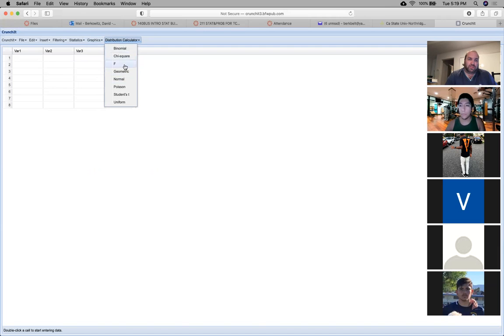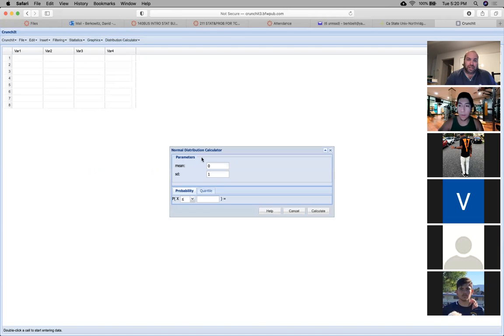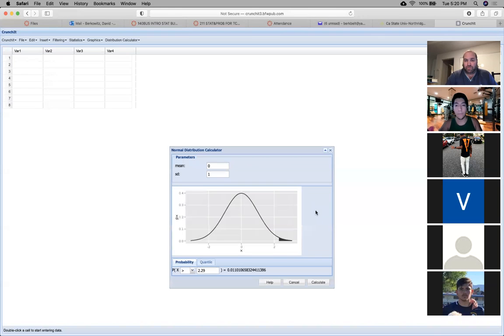So I go to distribution calculator, I go to normal, and the mean is 0, deviation is 1, and I want to be greater than 2.29. Calculate, so it should give me 0.0122 or 0.011, which is fairly close. So my Z statistic was 2 point something, and I had a 0.011 chance of being past it. And the mean is 0 and the standard deviation is 1 because it's a standard normal. Standard normal always gets 0, 1.